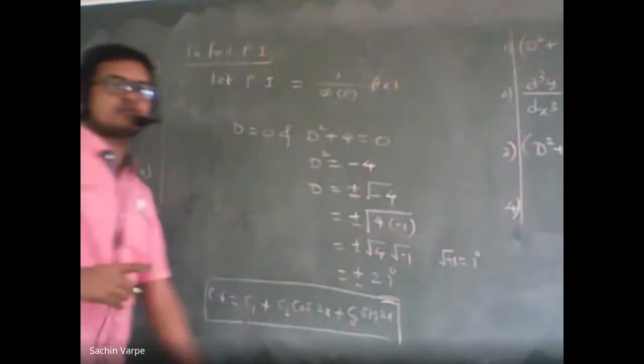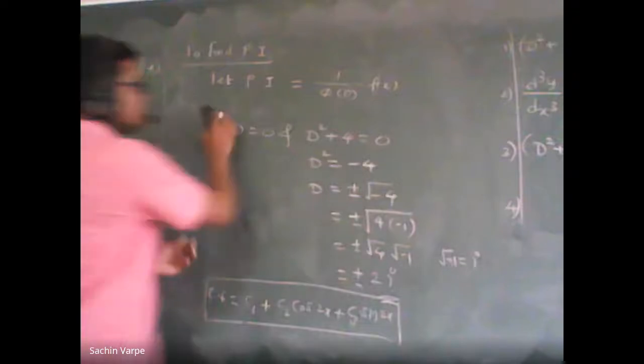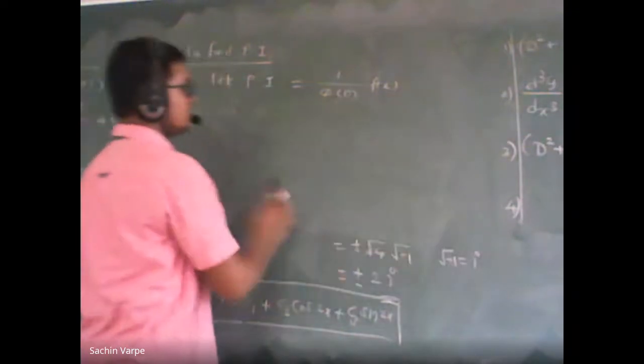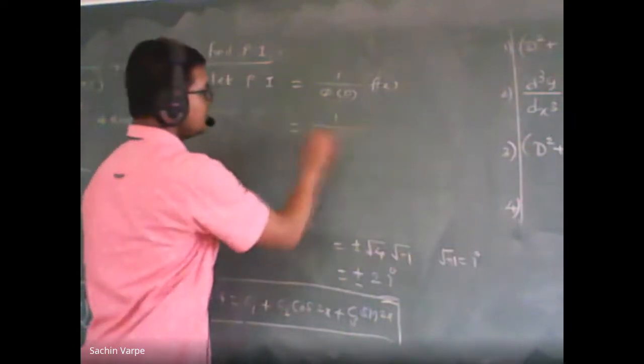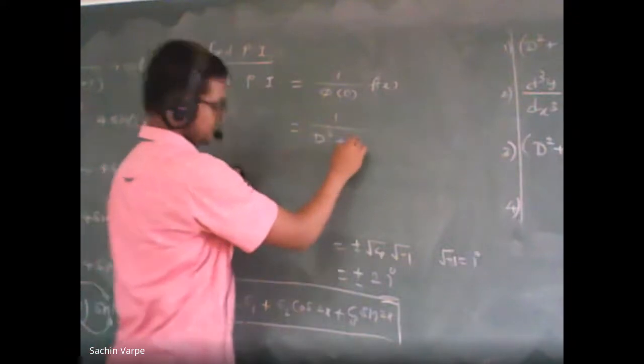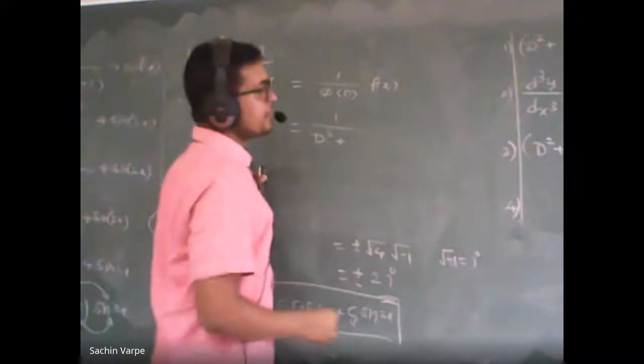That is our usual formula. Now, what is phi of D? 1 upon D cube plus 4D into f of x, which is sine of 2x.